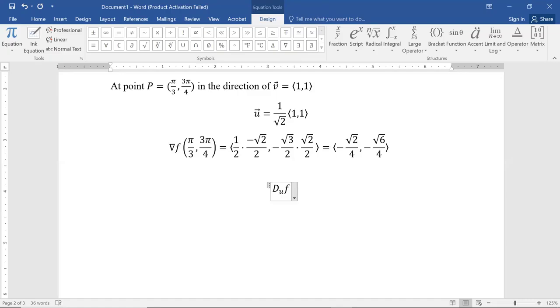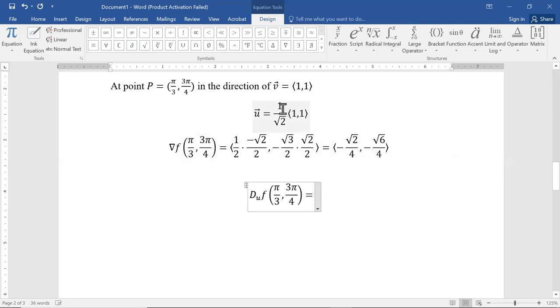If I want to find the directional derivative of my function in the direction of u, I'll leave off the arrow, at this specific point, at pi over 3, comma, 3 pi over 4. So the directional derivative at that specific point, I just take the dot product.